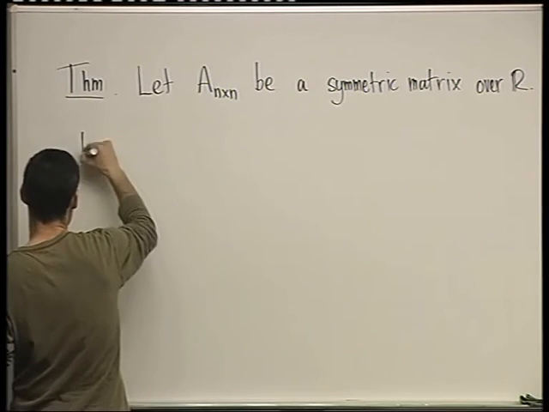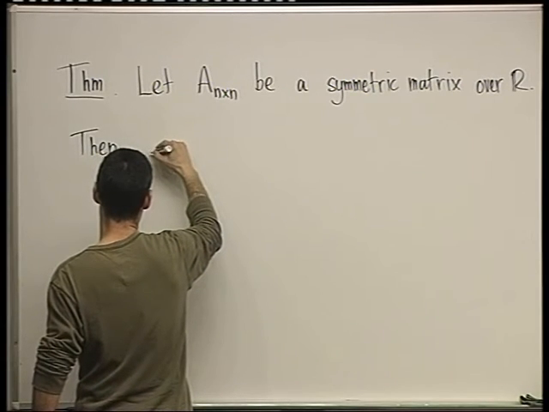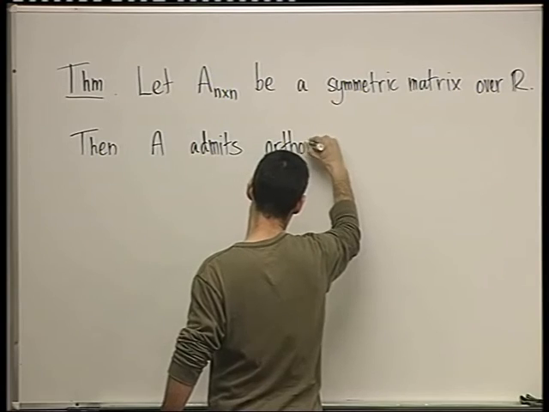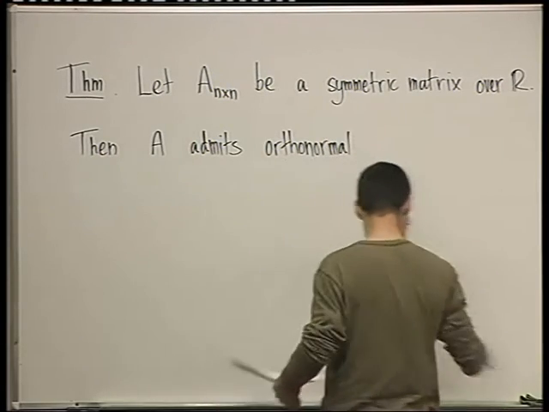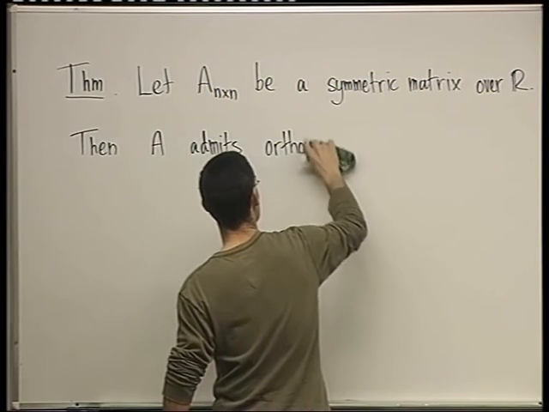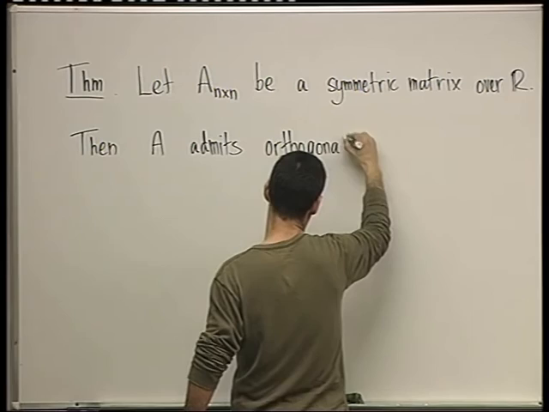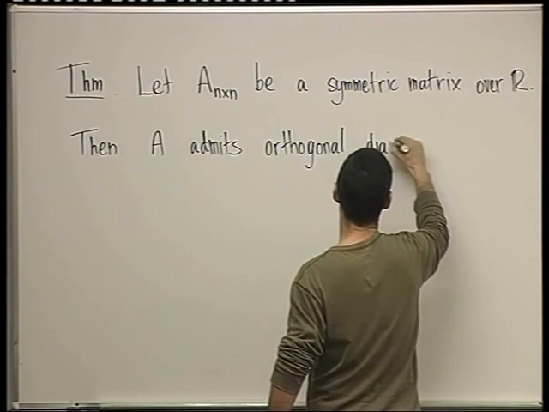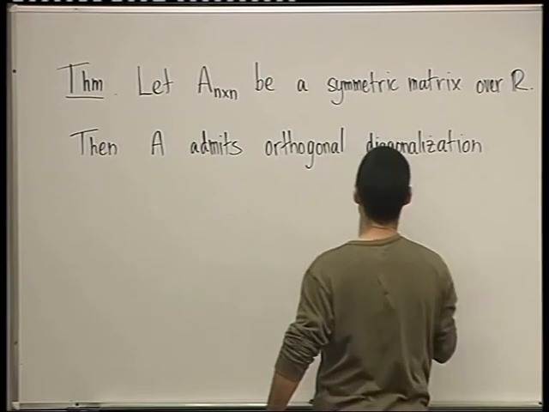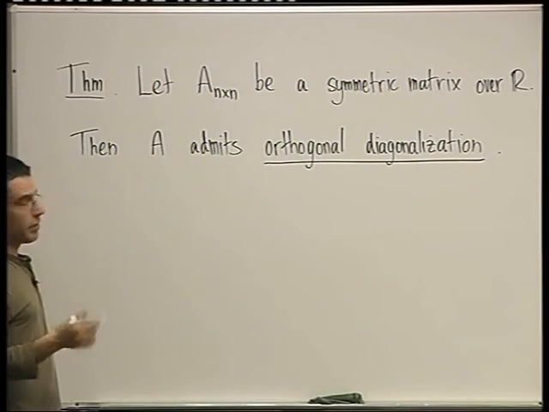So the claim is then A admits orthogonal diagonalization. That's what it's called, orthogonal diagonalization. Okay, so what does it mean, admits orthogonal diagonalization?